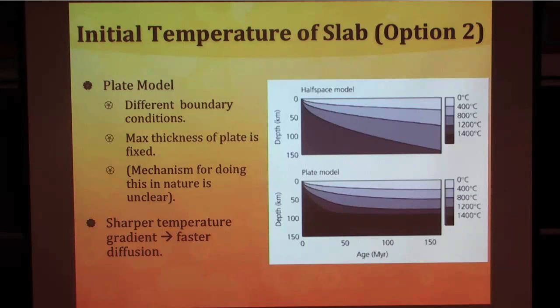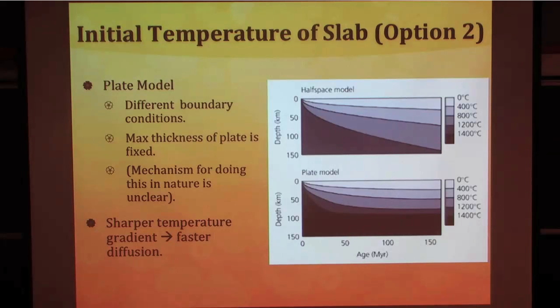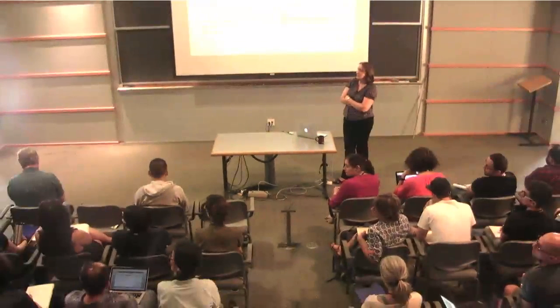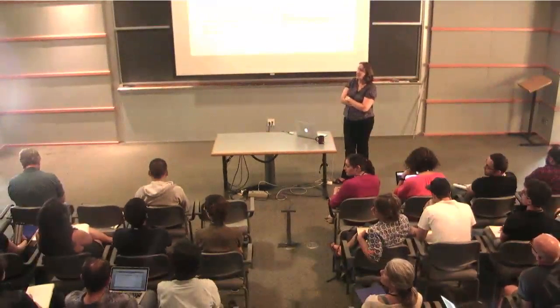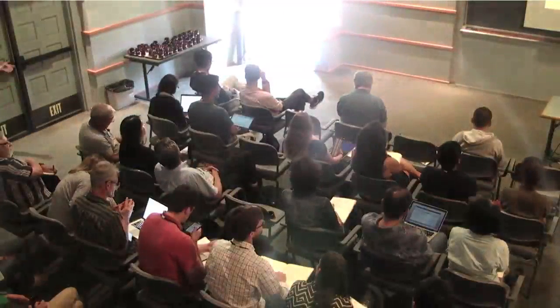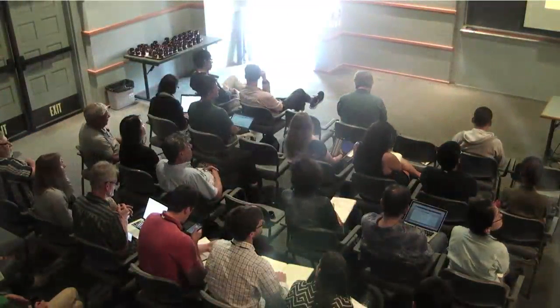What are the best constraints we have for deciding which of these models is reasonable? We have surface wave models. Garrity's PA5, for example, gives us a thickness of about 68 kilometers, plus or minus whatever error, on 100 million-year-old lithosphere, which is even thinner than what's shown here.